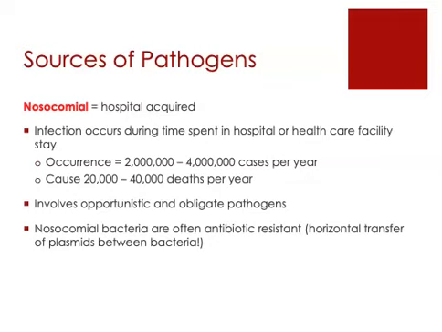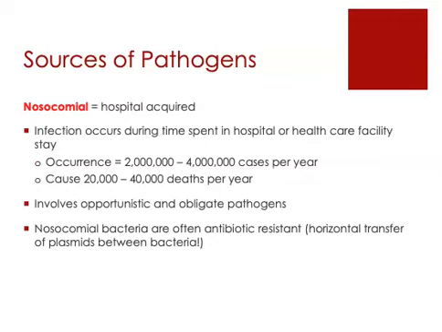So in other words, the patient comes in with one problem and develops the infection while they're having the hospital stay. We estimate that anywhere from 2 million to 4 million nosocomial infections happen every year, and they are the cause of anywhere from 20 to 40,000 deaths per year.